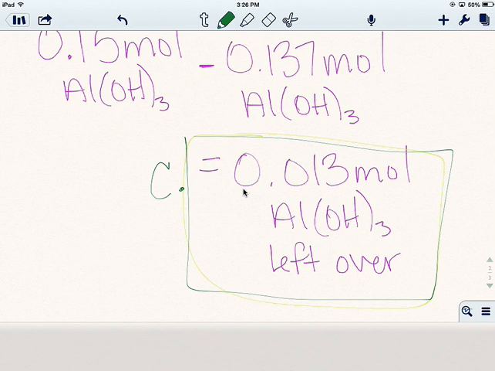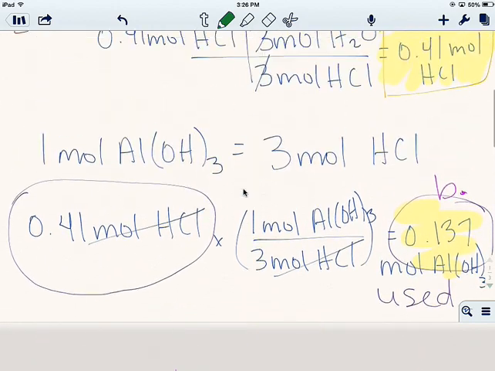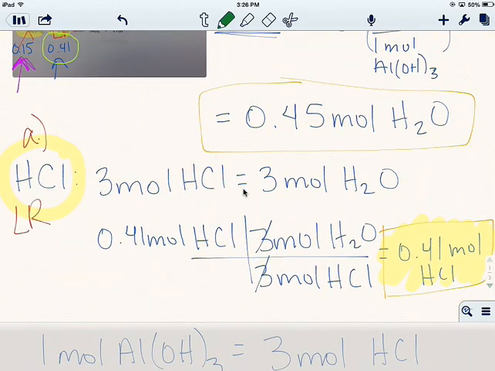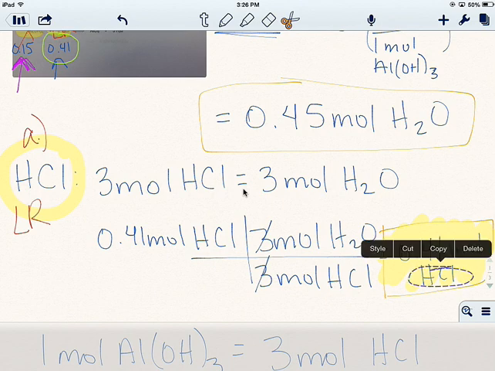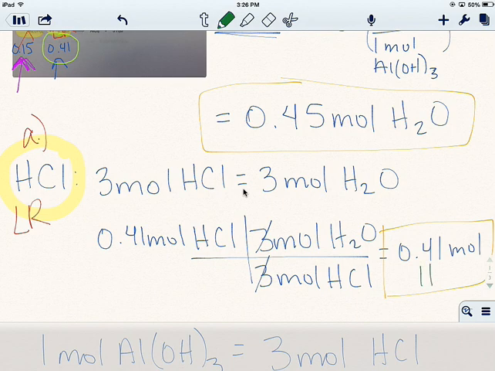And then lastly, it says determine the amount of each product made. Well, no big deal, because if you recall, the limiting reactant drives the amount of products that you can produce. So you have already figured out how much product you can make, and I just noticed that I made a little error right here. Let's get rid of that. This should be H2O. There we go.